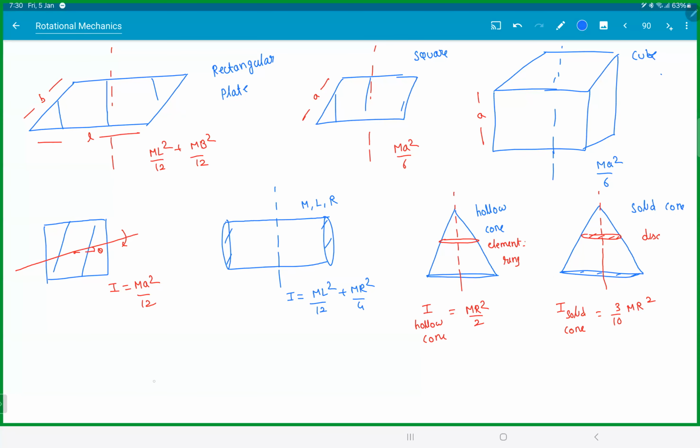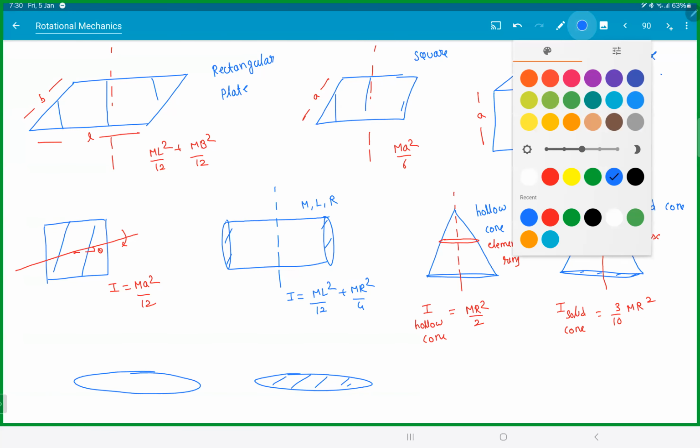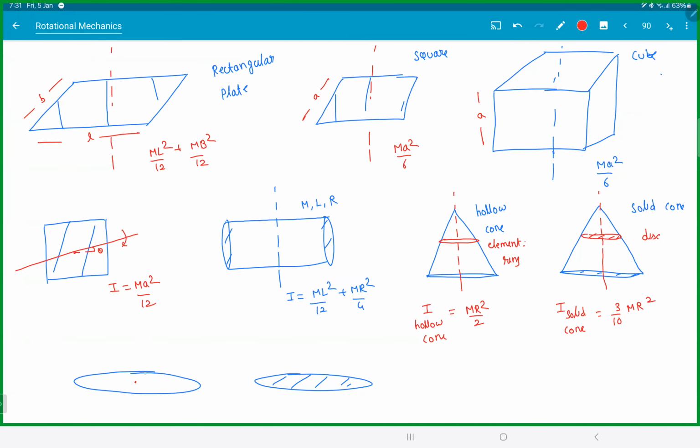Other than this, we have another two things, weird ones. They're not in the portion actually, but in case your institute people have this problem, sometimes they just randomly give. So the results are not bad to remember. Because in Advanced, if they ask you this, they have to explain some concepts before asking anything like this. It's an axis passing through the center and it is out of the plane.